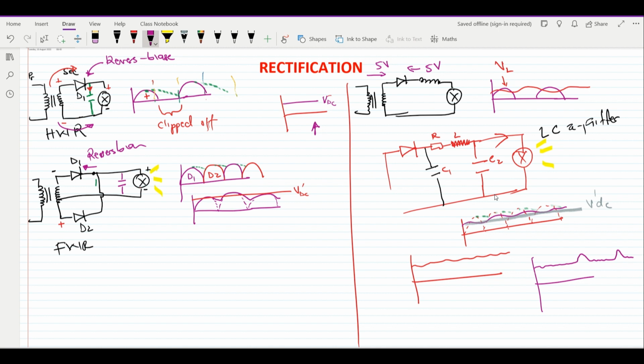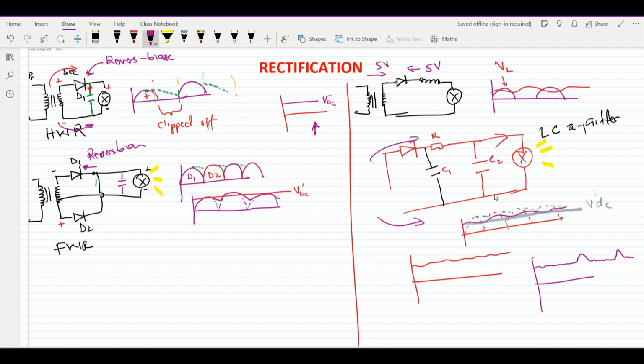But what happens in a scenario where we completely remove this inductor and leave only the resistor? This means that when current is flowing in this direction, both capacitor C1 and C2 will charge and the light will glow. When the voltage decides to move in this direction, capacitor C1 will energize C2, or rather will continue supplying voltage, the same amount of voltage used as received to this diode.